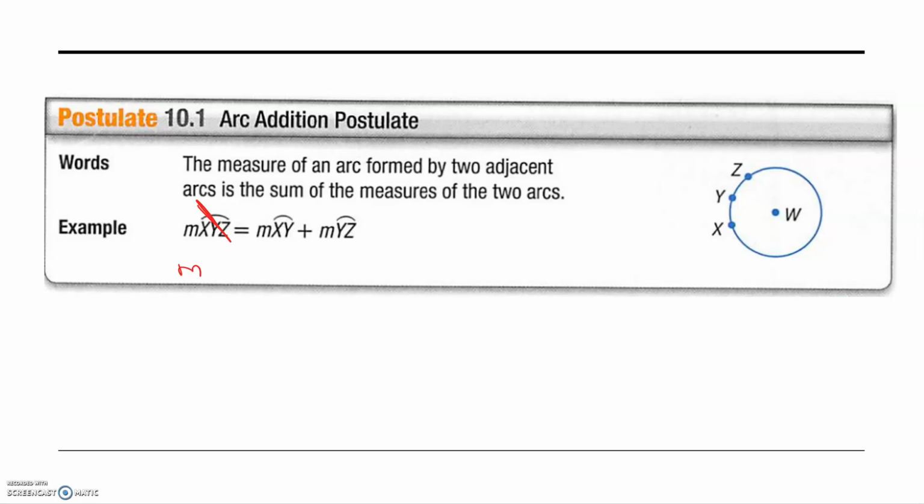So this should be the measure of arc XZ. Okay, so it's just saying that if this was like 20 degrees and this was 30 degrees, then 20 plus 30 degrees is 50 degrees, would be the measure of arc XZ.